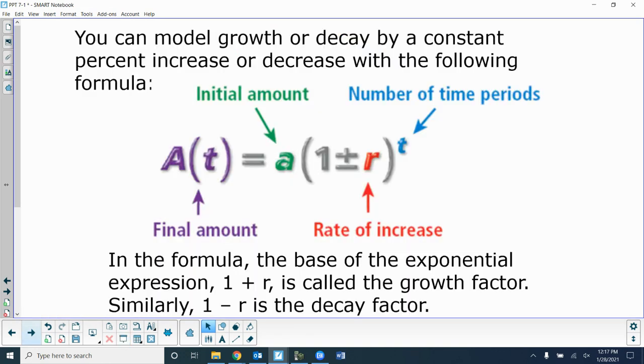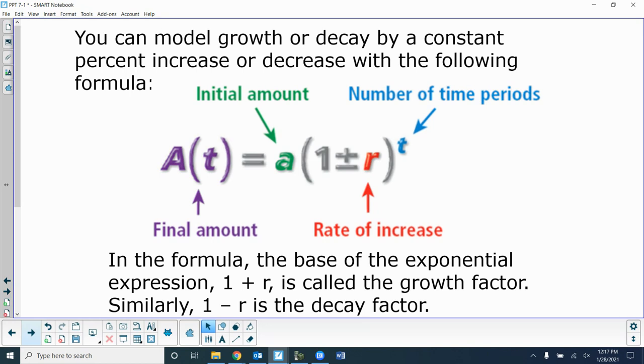Okay. If we have a growth or decay word problem, this is a formula we're going to use. It says you can model growth or decay by a constant percent increase or decrease with this following formula.